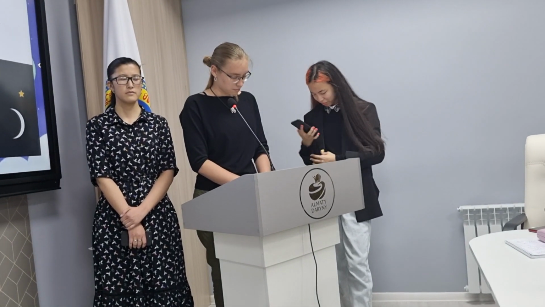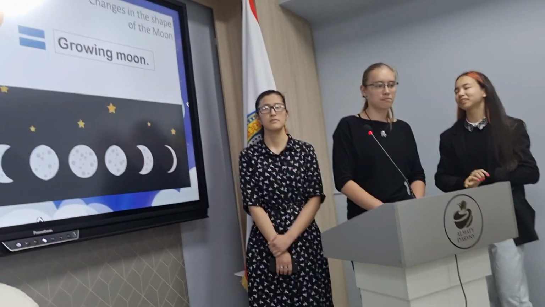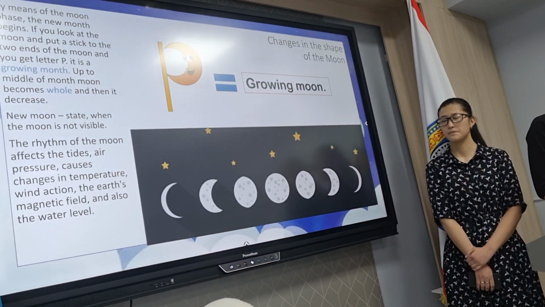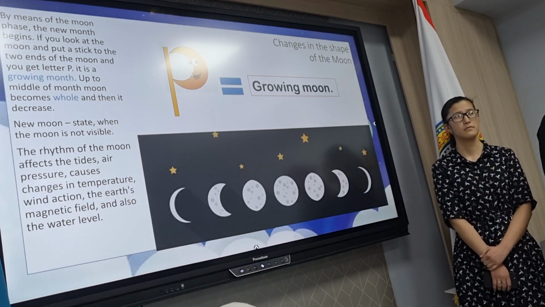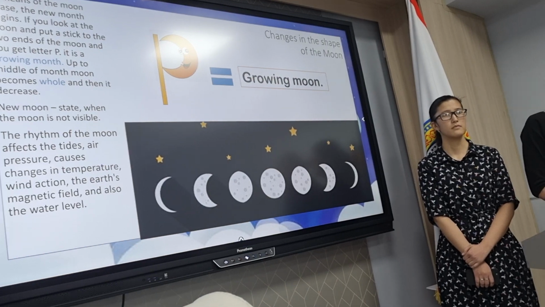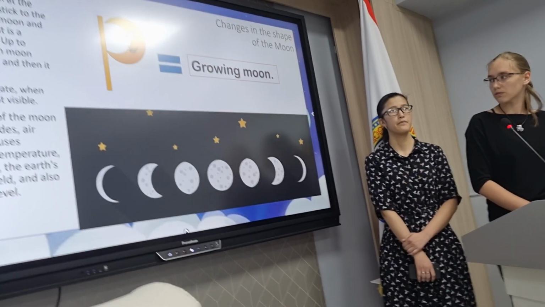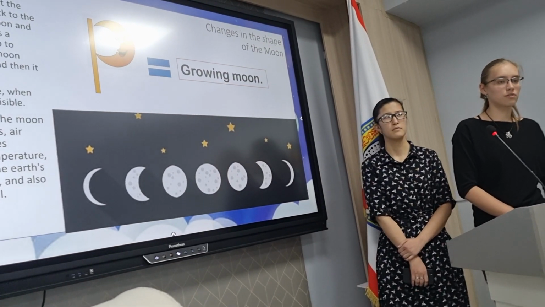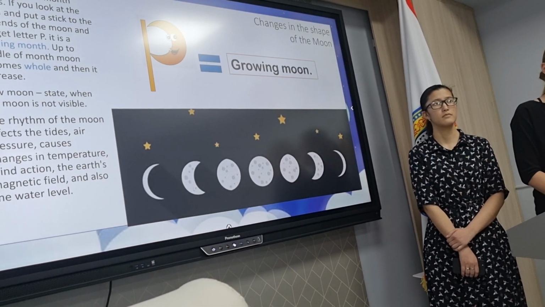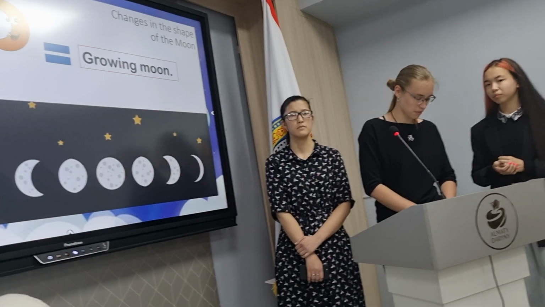And sometimes in the sky you can notice that the moon is not visible. Its phase is called the new moon, and a new period of the month begins. For the moon phases, the month has a duration of 27 days.